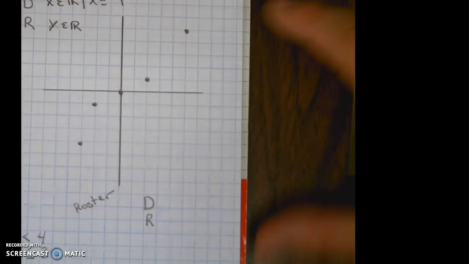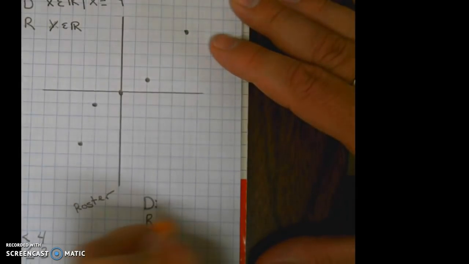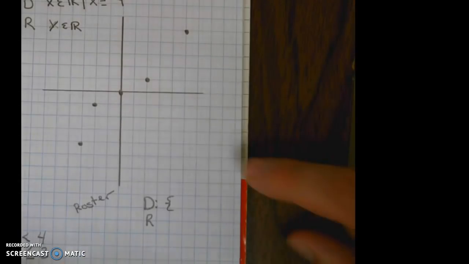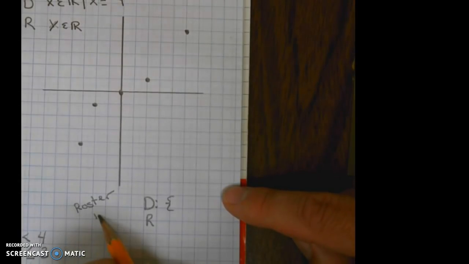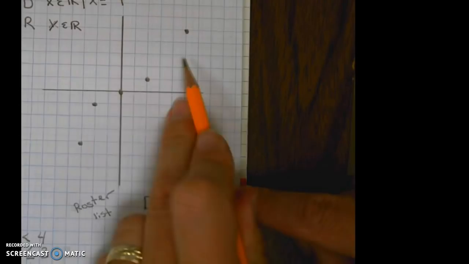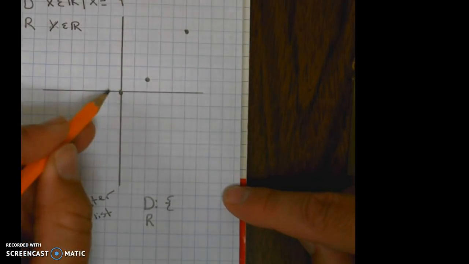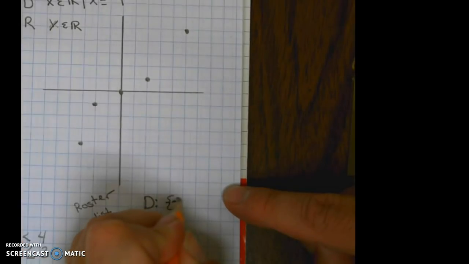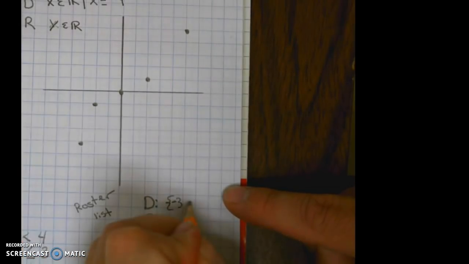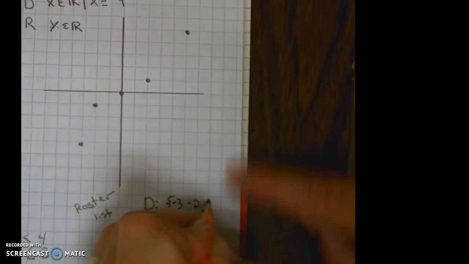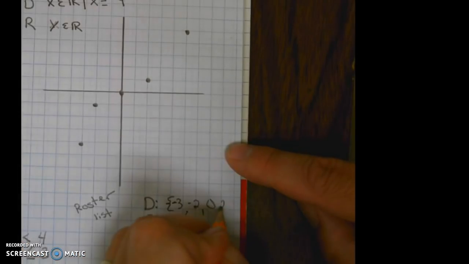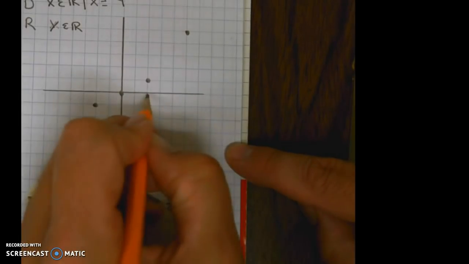And so when you're doing roster notation and you're writing the domain, you're making a list of all the x values going from left to right. So this x value would be -3, -2, 0, 2, 5.